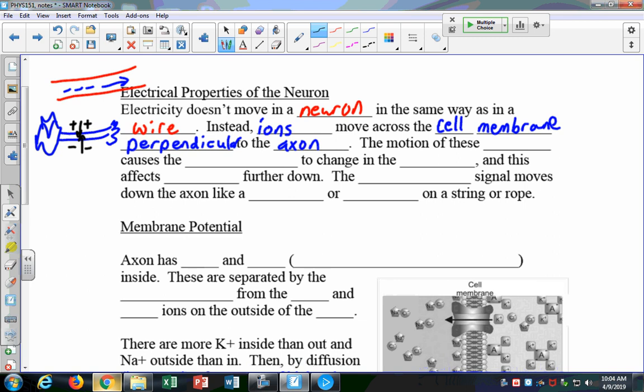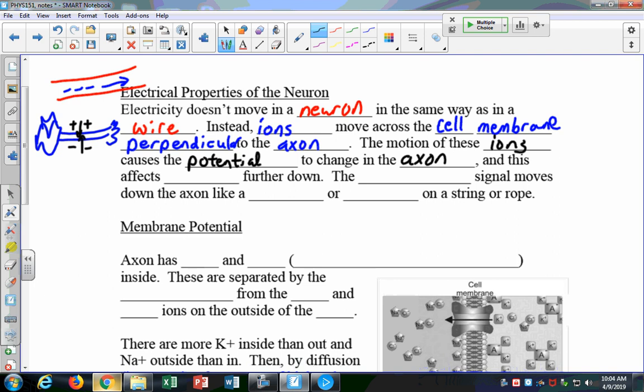And then the motion of these ions causes the potential to change in the axon. And that's what's called the action potential or the membrane potential.